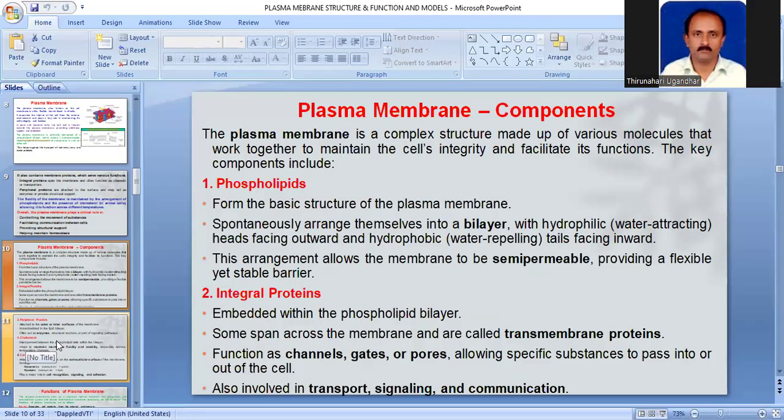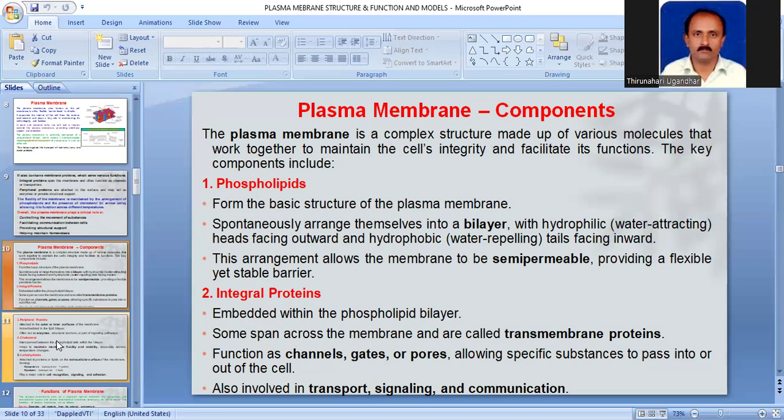The key components include the phospholipids, the first component, which is the basic structural part of the plasma membrane. It arranges in two layers with hydrophilic and hydrophobic parts. Hydrophilic means water attracting, with heads facing outwards.